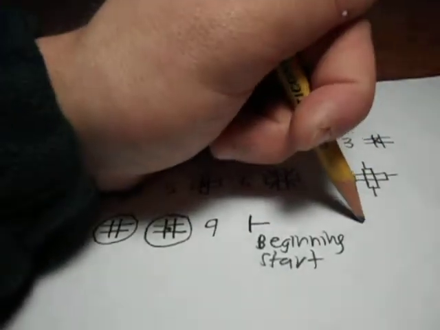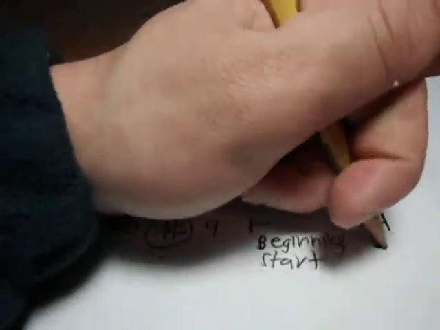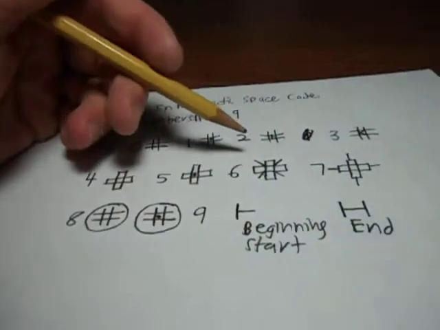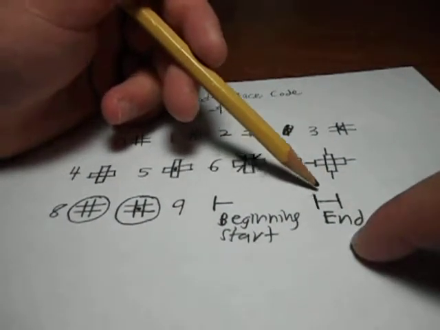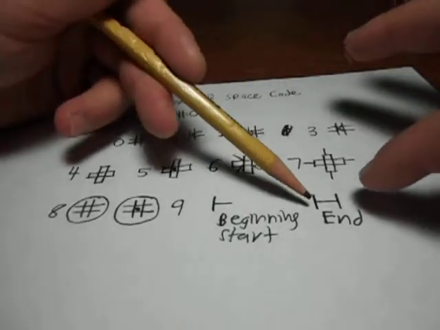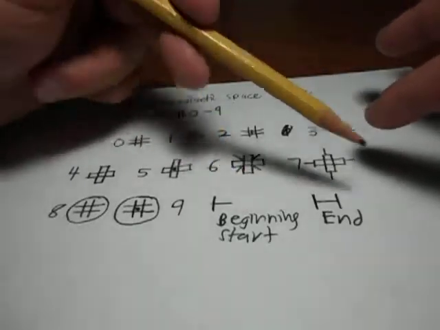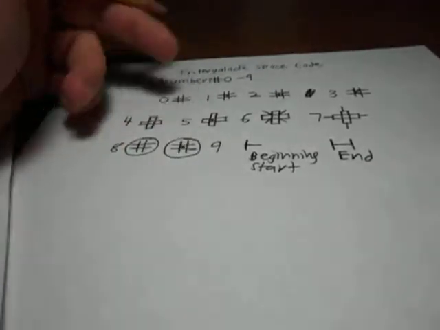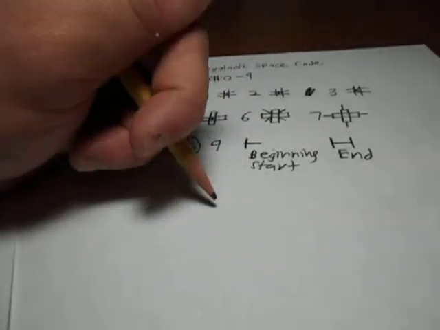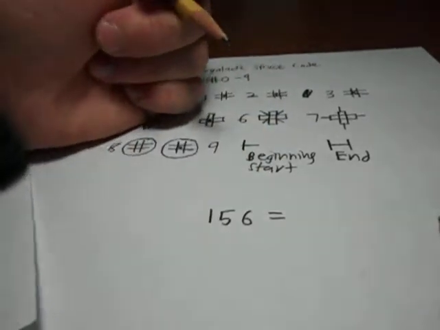And then at the end of a sequence, this is the end of a line, and these two innovative symbols can be used in any direction to say this is where the number begins, or sentence or letters, and this is where they end. So for example, let's write 156.